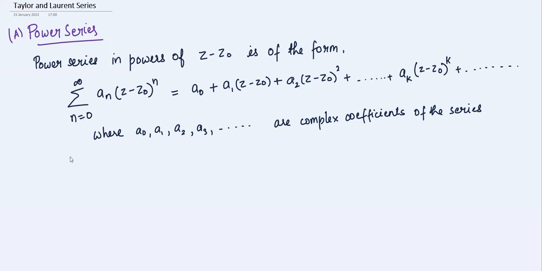Now, z equal to z naught is called the center of the series.